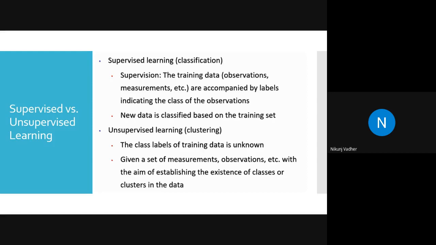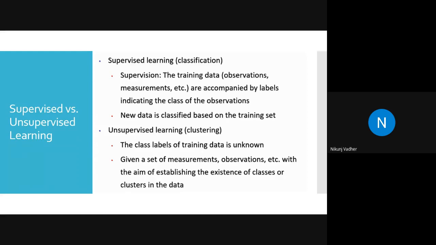You have combined both and created a new class, that is cherry mojito. The same thing will happen in unsupervised learning. Whenever you are using clustering, you will try to match the attributes of two objects. So that is an example of unsupervised learning.